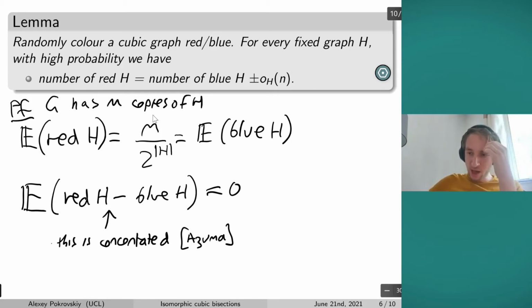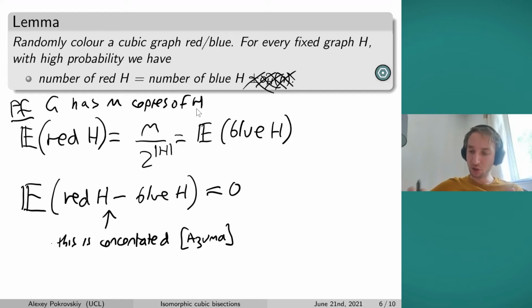So once you have something like this lemma, you want to take the coloring which satisfies this and somehow recolor parts of it in order to get rid of this error term. If you could get rid of this error term, then the two classes have to be exactly isomorphic. So that's what you want to do next. For us, it was more convenient to not use this lemma exactly, but to use a variant of it, which I'll present next.